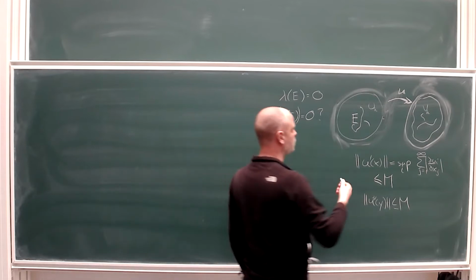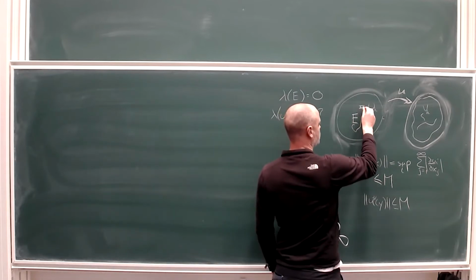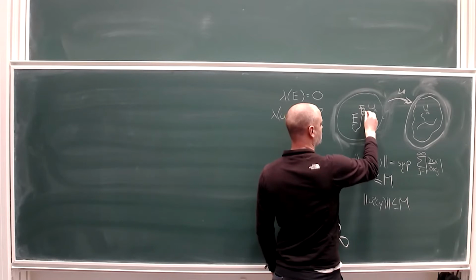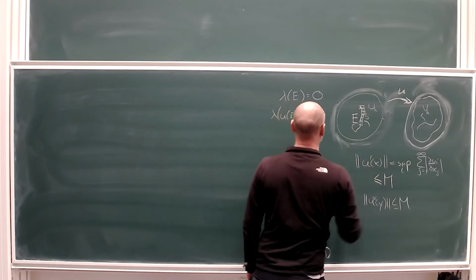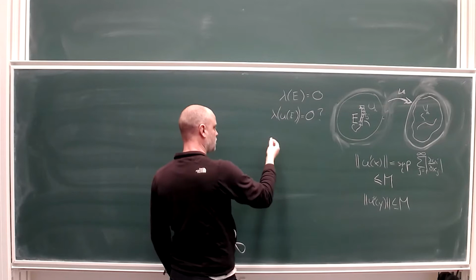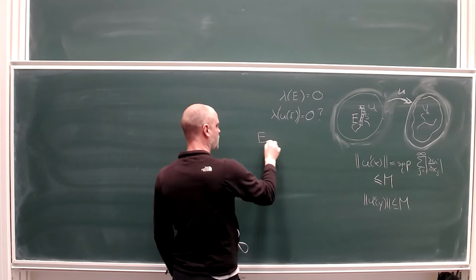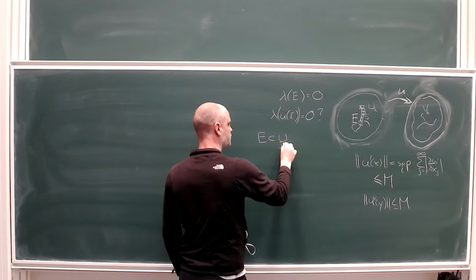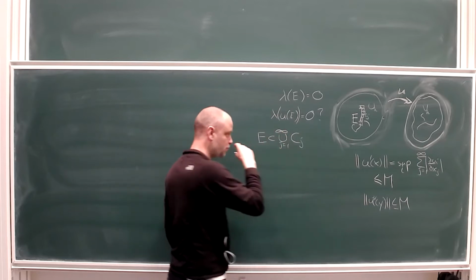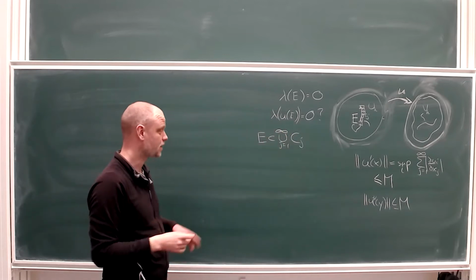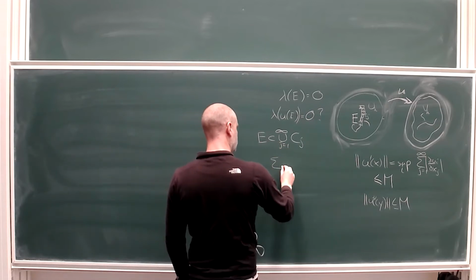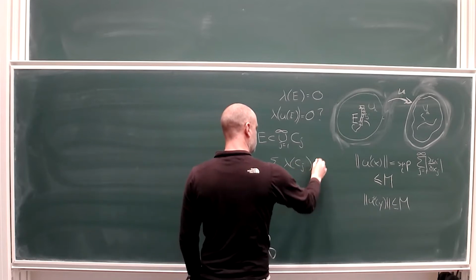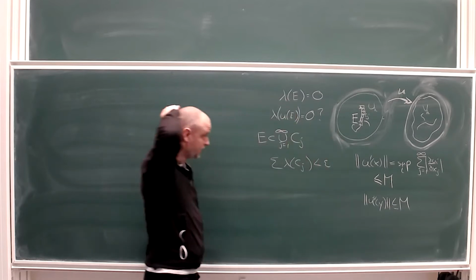And how can we see that? Well, the Lebesgue measure at the end of the day is defined by the Lebesgue outer measure. So we can cover this by some boxes that we call C_j. So given epsilon, we can cover E by cubes C_j, or rectangles or parallelepipeds, whatever it's called, such that the infinite sum of the Lebesgue measure of the C_j's is less than epsilon.